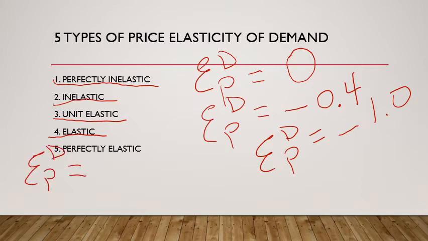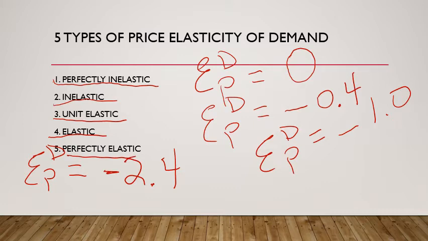All right. Elastic, that's the fourth type, would be shown this way. That's an example of elastic price elasticity of demand. Negative 2.4, let's say, right? So that's an example of elastic price elasticity of demand. And the last one, number 5, perfectly elastic.